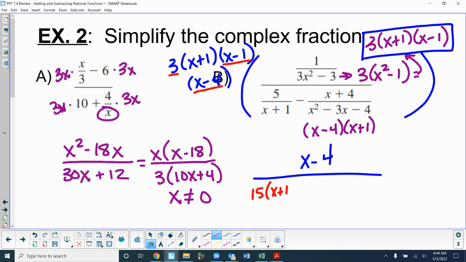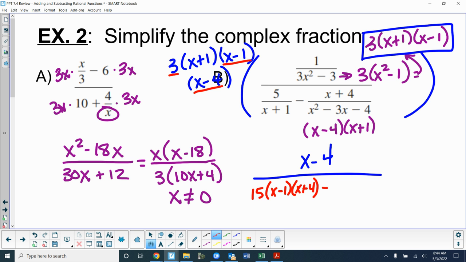I'm sorry, not x plus 1. That's the one that we don't have to worry about, right? The x minus 4, the x minus 1, right? The 15 came from the 5 times the 3, okay? So I still need an x minus 1 and an x plus 4. The 3 I went times the 5 to get the 15.